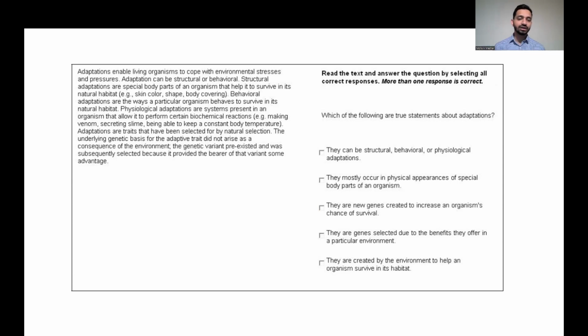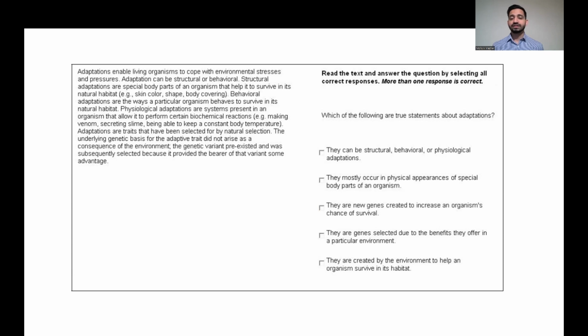Okay, reading on. Okay, physiological adaptations. So there are physiological adaptations as well. The systems present in an organism that allow it to perform certain biochemical reactions, for example, making venom, secreting slime, being able to keep a constant body temperature.